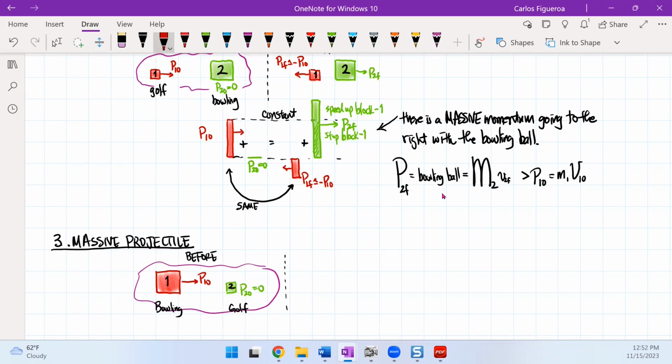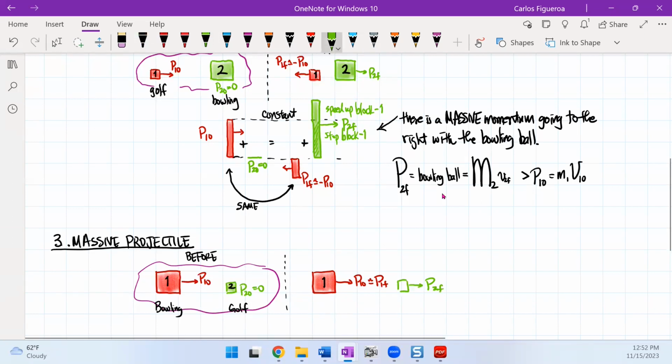We would expect that after the collision, the bowling ball's momentum should be initially equal to what it is afterwards, effectively. Of course, it can't be completely the same because it has to give up some momentum to transfer to the golf ball. So we would expect the golf ball to now be moving off with some momentum that's moving to the right in that direction now.